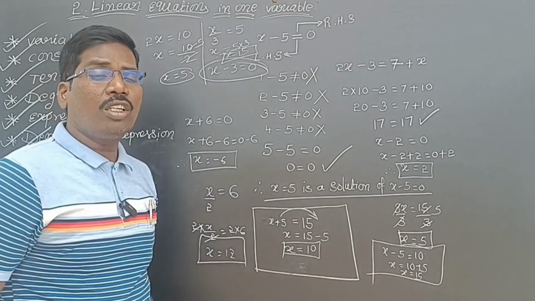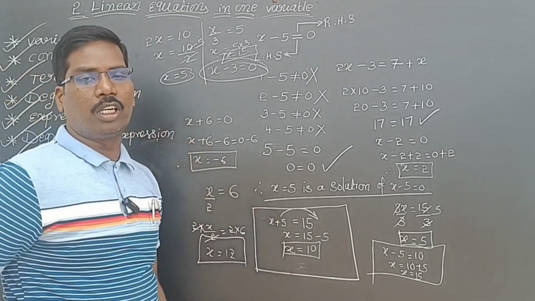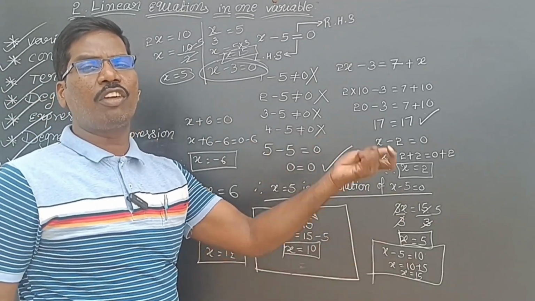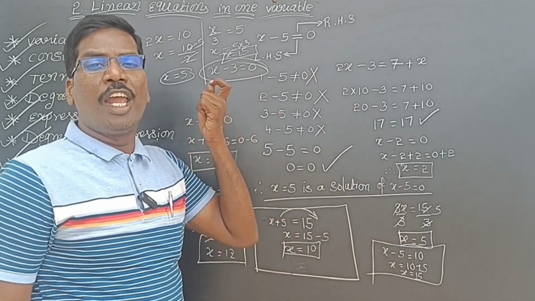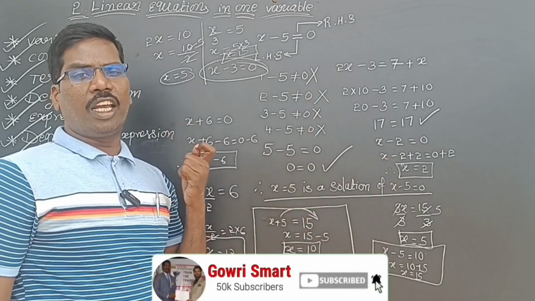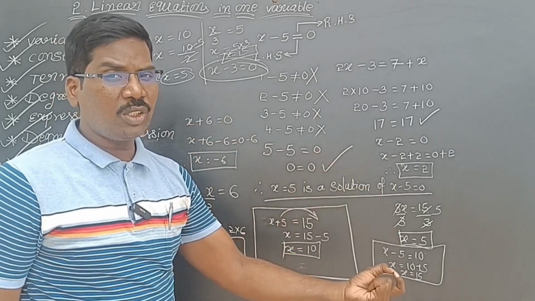Now, if I want to go from right side to left side, the same thing will happen. Yes, 100% correct. From the right-hand side to the left-hand side, if you transpose any positive value, it will become a negative value. If you transport a negative value, it will become positive. If you bring any multiplicative value, it will divide on the left-hand side.